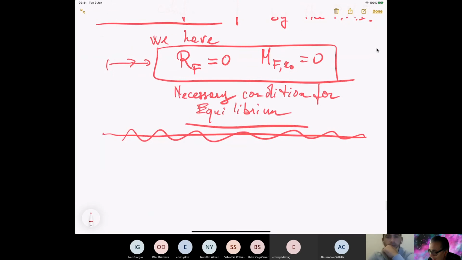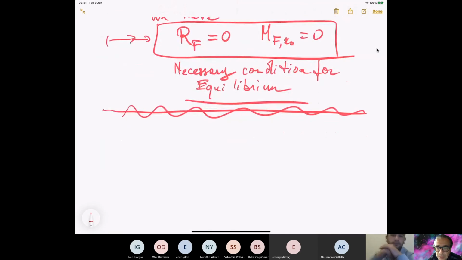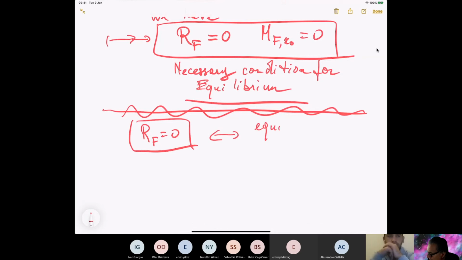Now, go in every old book. Do you know how they call the condition R F equals 0? They call it equilibrium with respect to displacements.